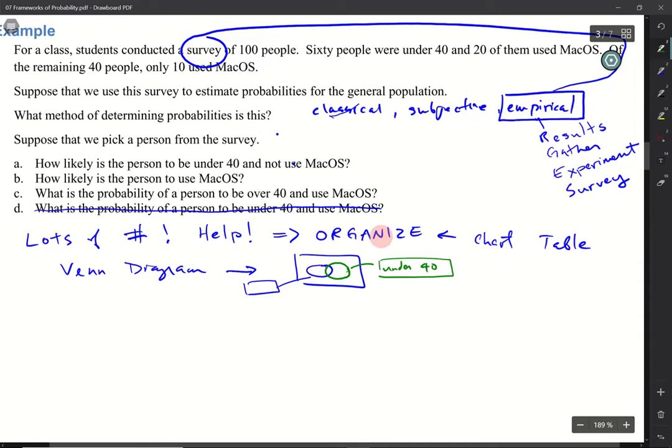Okay, under 40. And then what should the other one be? Well, if one is under 40, then the complement of that would be what? Under 40 complement is the same as over 40.